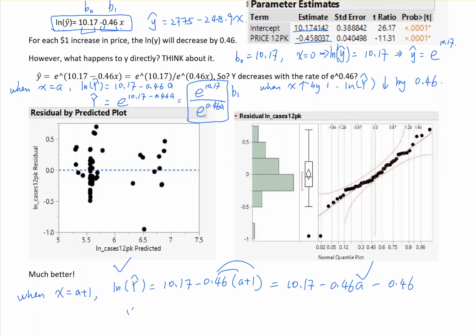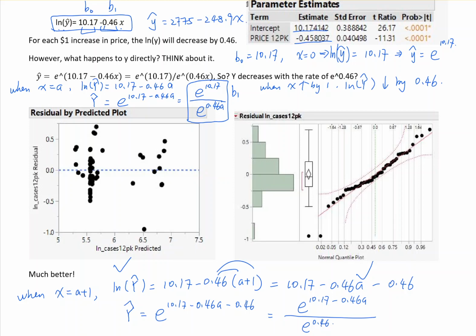And then we have the corresponding y hat equals e to the 10.17 minus 0.46a minus 0.46, which is e to the 10.17 minus 0.46a divided by e to the 0.46.